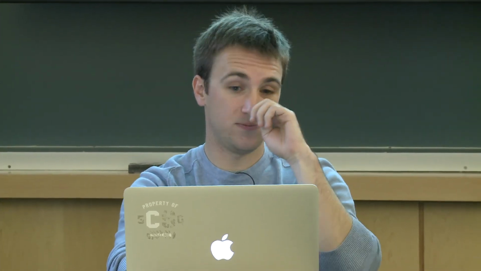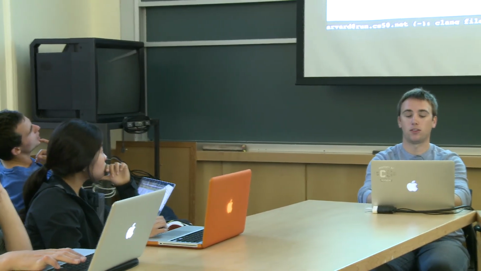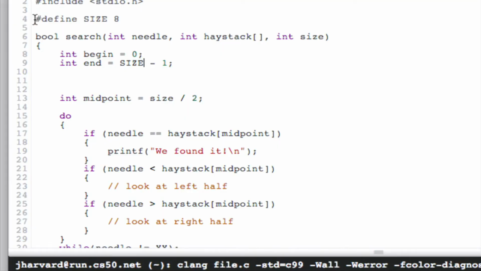So at this point, how is it that we could use uppercase SIZE? It turns out that these pound defines are really, under the hood, a text find and replace.